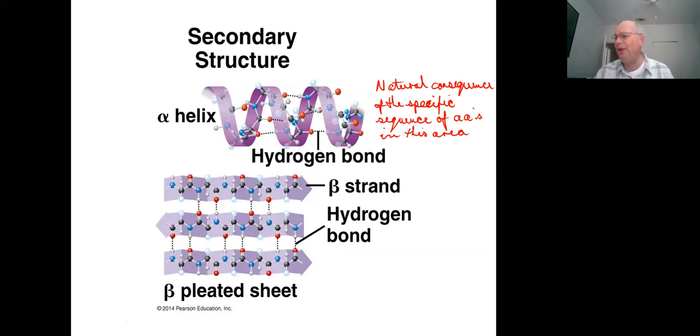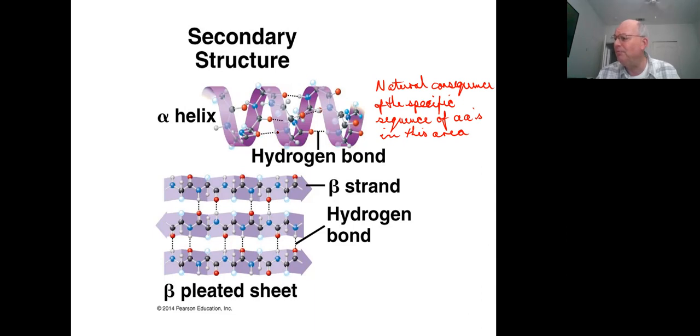What holds this together, because an alpha helix and a beta pleated sheet in a protein are important internal structures in the protein, so it's really important that they maintain. What holds these together is hydrogen bonds between an oxygen of a carbonyl group and a hydrogen attached to a nitrogen in an adjacent amino acid.